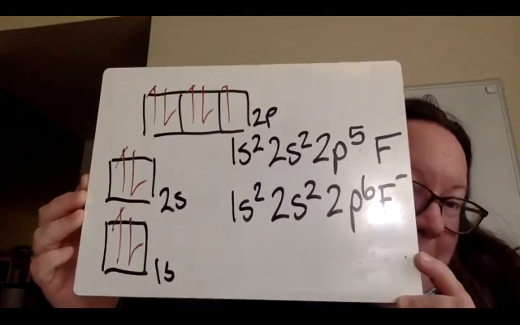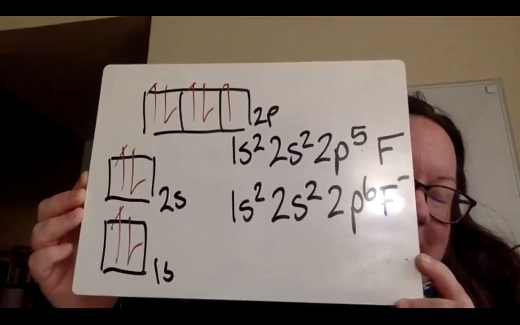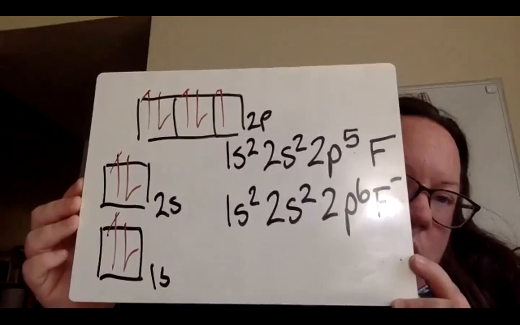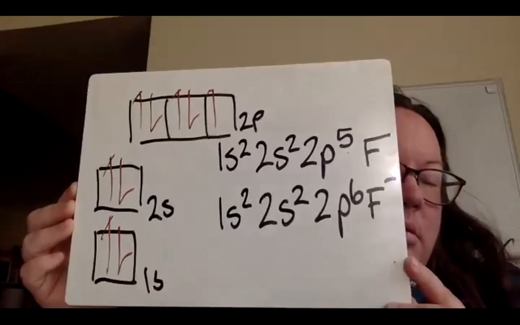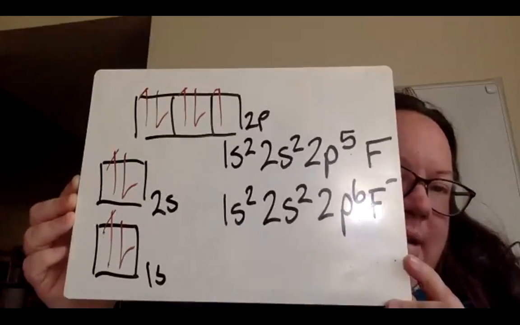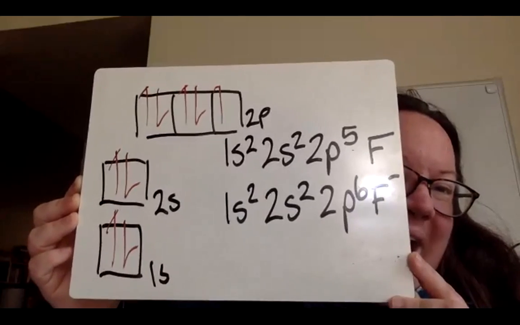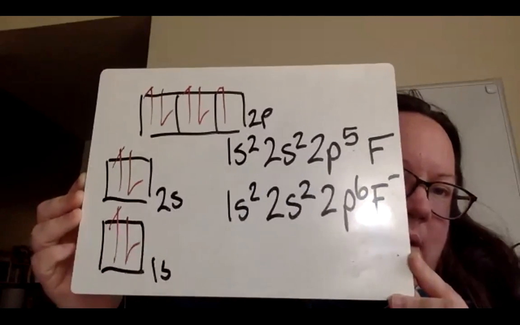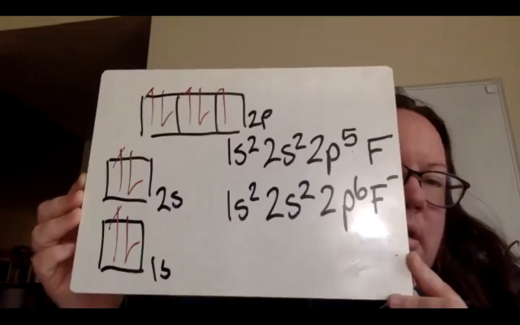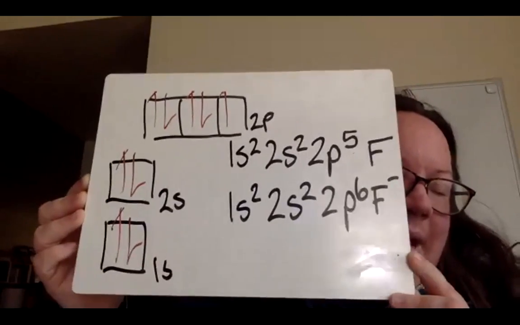The other piece here that's really important is that because of Hund's rule, my fluorine atom, the neutral element in my periodic table, is going to have 5 electrons in the 2p orbitals. But if I'm forming fluoride, I'm going to add one more.